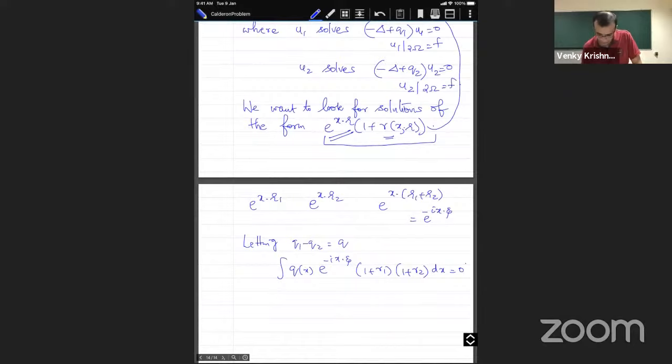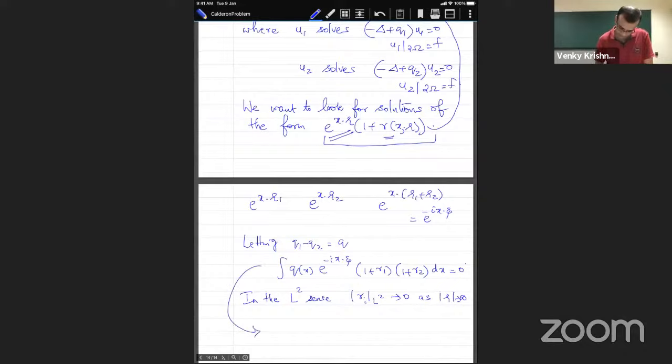But you see that r1 and r2 depend on zeta. Now, in the L2 sense, if r in L2 goes to 0 as mod zeta goes to infinity, and similarly for r2, then from this equation I have shown that q hat of xi equals 0, and that would imply that q is equal to 0 almost everywhere.